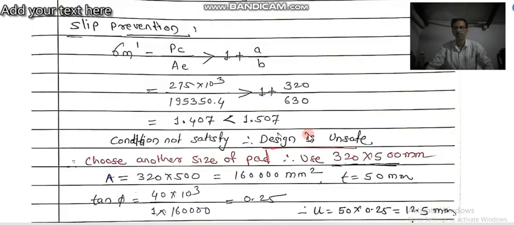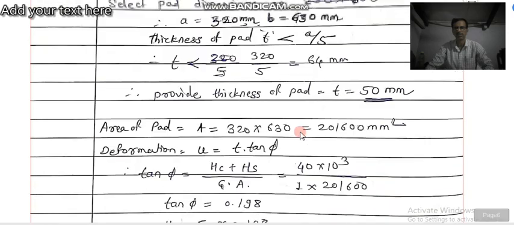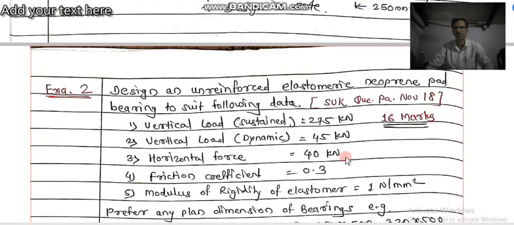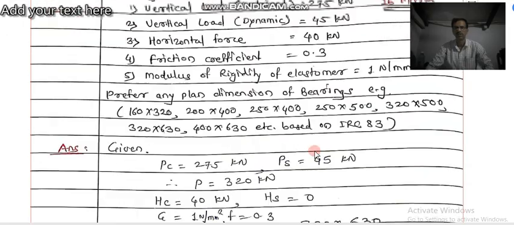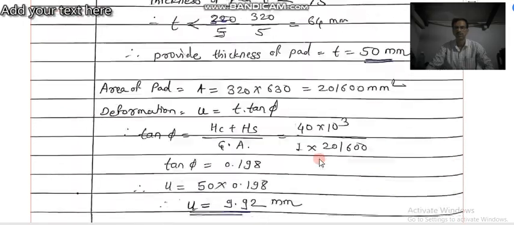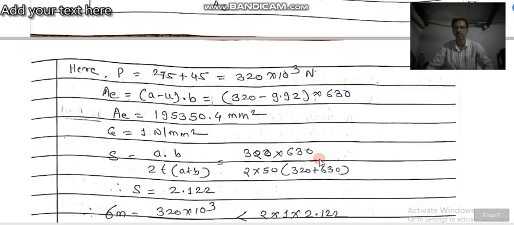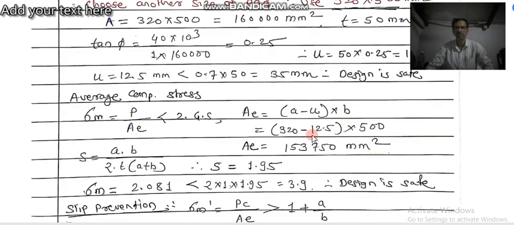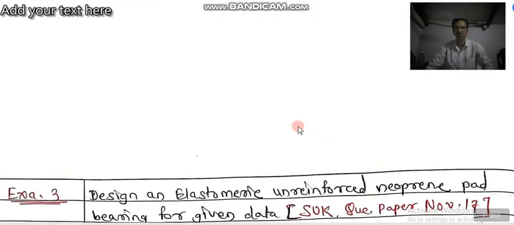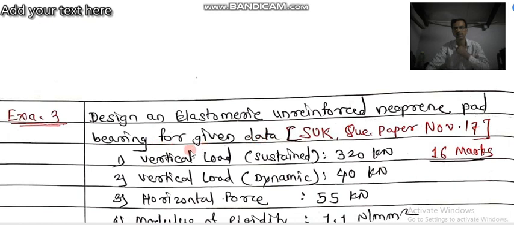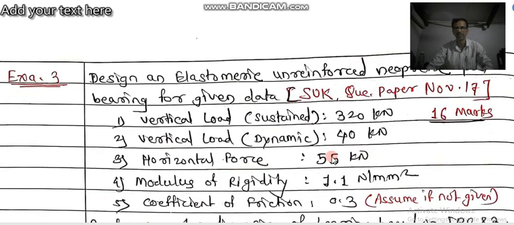So this is the problem again asked in the university question paper for 16 marks. So same problem repeatedly asked, just values are changing, so you can easily solve this problem and you will get the 16 marks. Just take another problem for your homework. Again this problem is asked in the Shivaji University question paper November 17. Design an elastomeric unreinforced neoprene pad bearing for given data. Vertical load sustained, that is 320, is given.